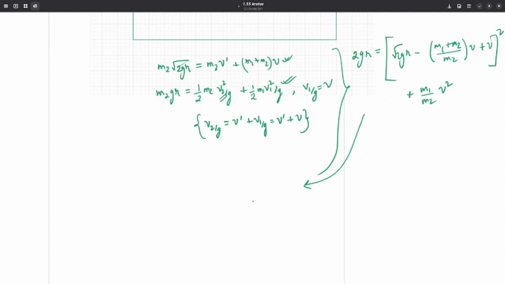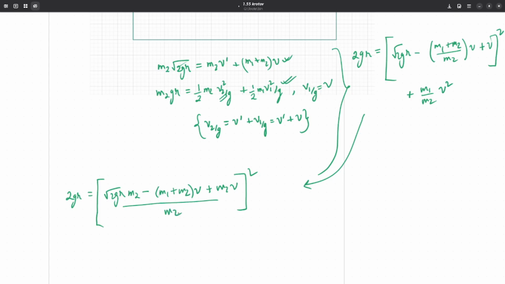Now further solving this equation, 2gr is equal to (root 2gr m2 minus (m1 plus m2) v plus m2 v) whole square here divided by m2 square, plus m1 by m2 v square.